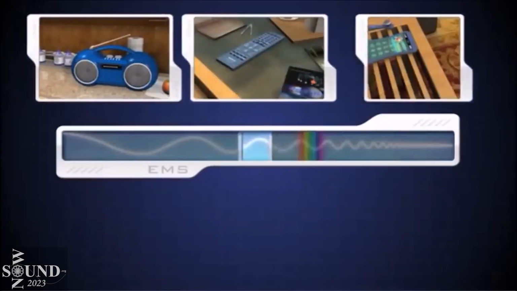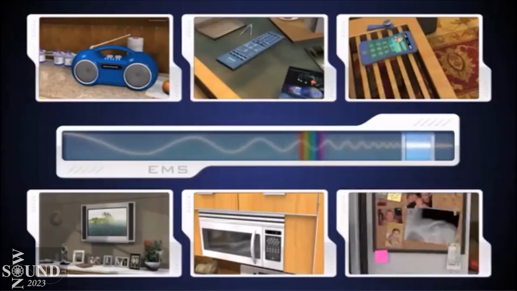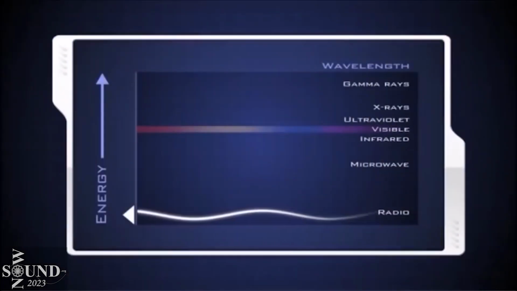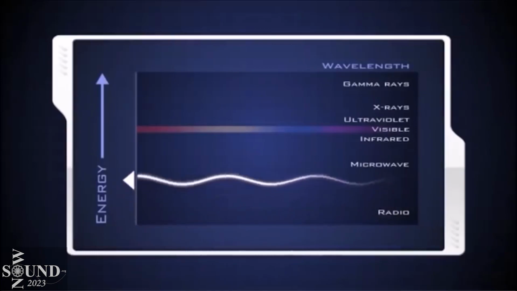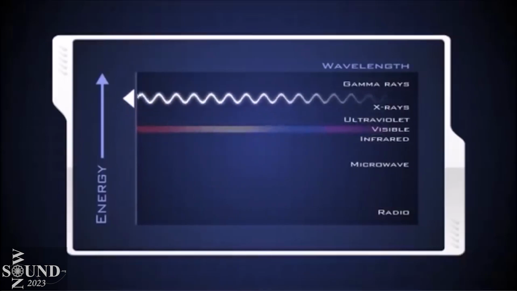All electromagnetic radiation travels in waves, but different types have different wavelengths. The wavelength of electromagnetic radiation, or light, is connected to how much energy it has. Light with a longer wavelength, like radio waves, has less energy, while light with a shorter wavelength, like gamma rays, has more energy.